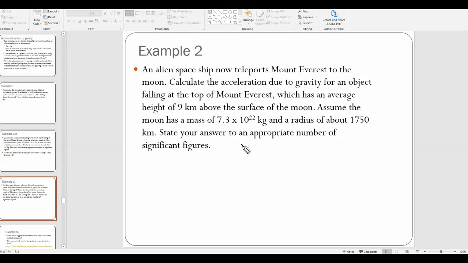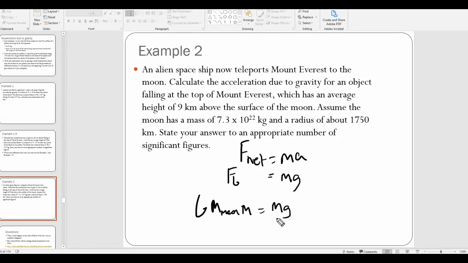Okay, so here is what the setup for this problem should look like. Without spending a lot of time talking through it, I will just outline how it should look. Okay, so this is the mass of the moon. This is the mass of the object.